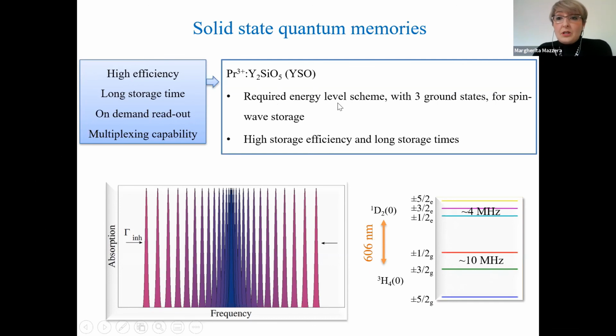And then it has also already demonstrated very high efficiency. So it's a very convenient platform for the fact that it fulfills these requirements of high efficiency, long storage time, and multiplexing capacity that are required for quantum repeater schemes.